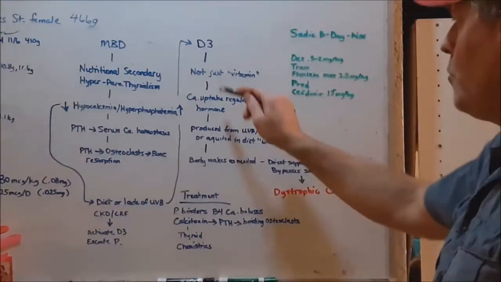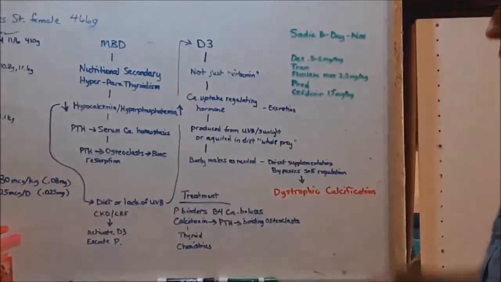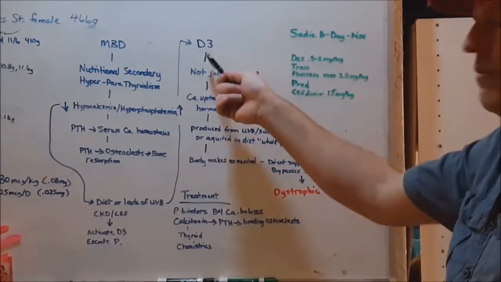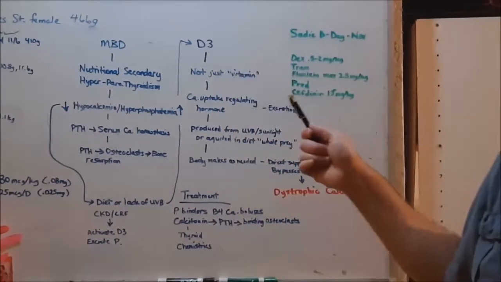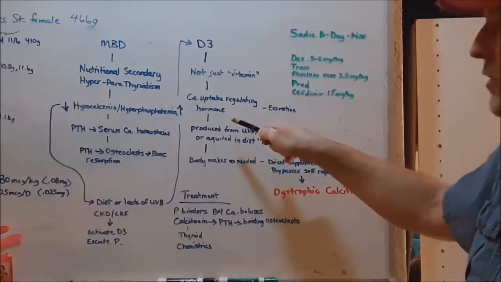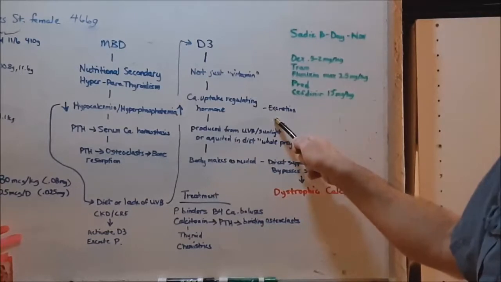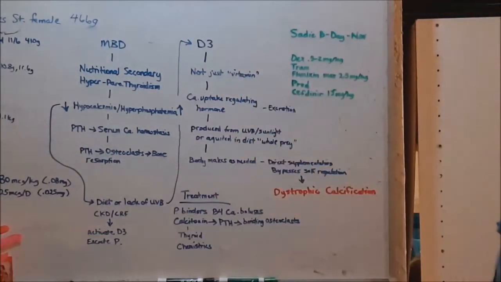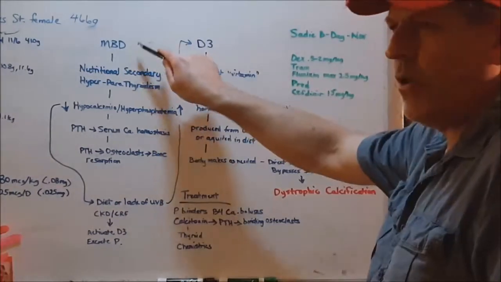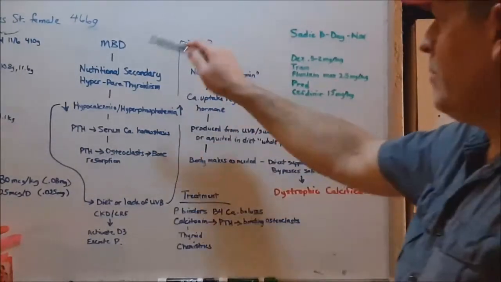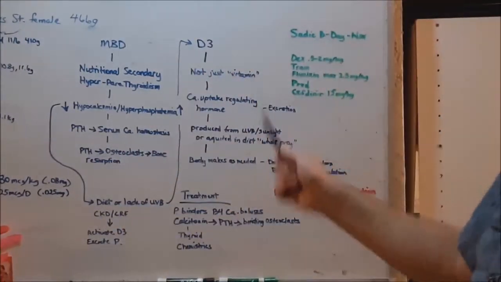So you can have a situation where you're giving a lot of calcium supplementation, but then the body, in the absence of having enough D3 hormone to tell it to absorb that calcium from the intestines, is going to flush it out. It's going to excrete it if it does not sense the D3 hormone telling it to absorb the calcium. Reptile keepers especially, they'll hear MBD, MBD, MBD, and they don't really have any idea what it is.